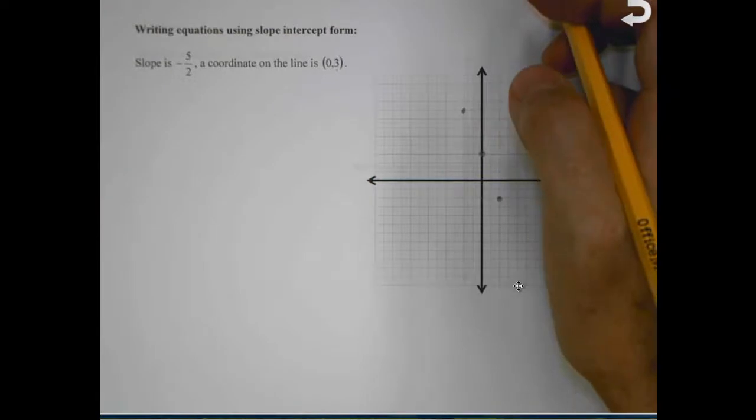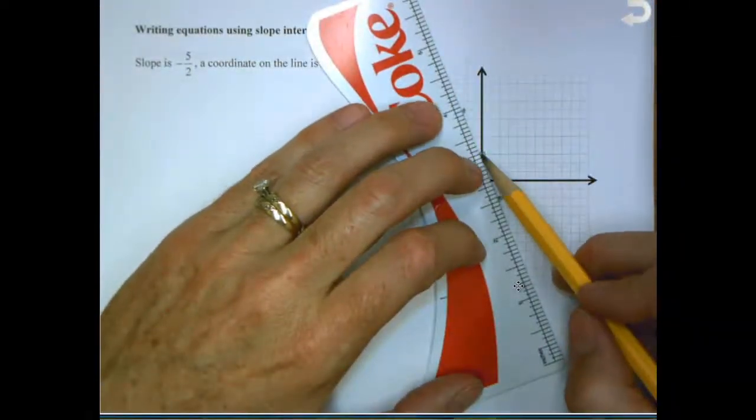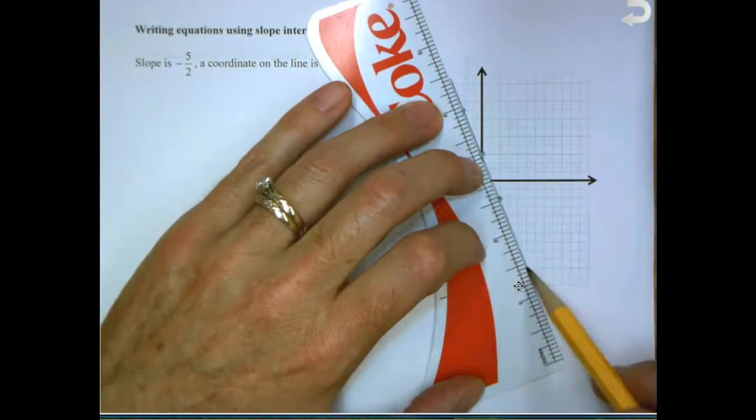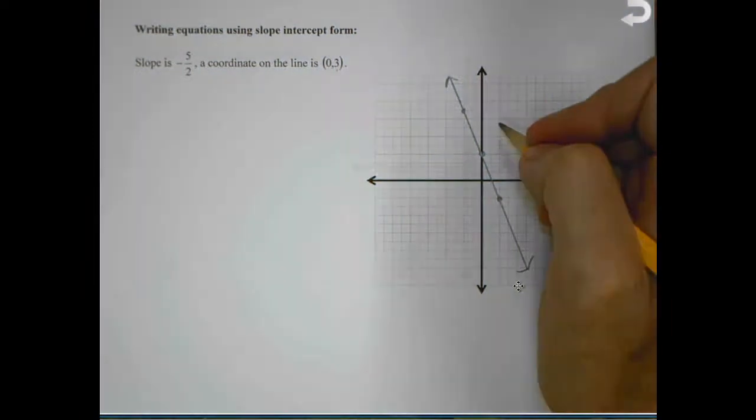Now I can graph this line. I don't really have to graph it to find the equation, but for some people that'll really help for you to see it and see what it looks like.